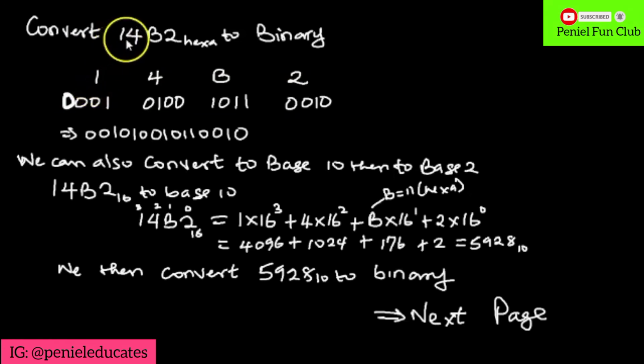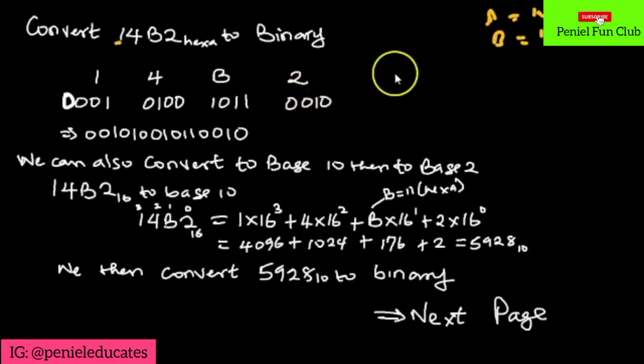So we take one, this particular one, take one. Okay, so we'll put it here. So we convert it to binary. That's 0001. 4 to binary is this. And don't forget B in hexadecimal: A is 10, B is 11. So if you convert 11 to binary, it is going to give me this. Then you convert 2 to binary, it is going to give you this.